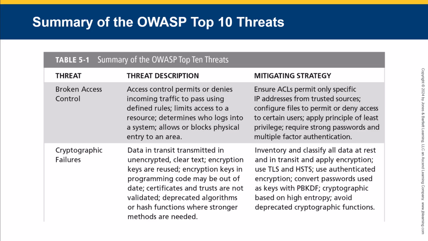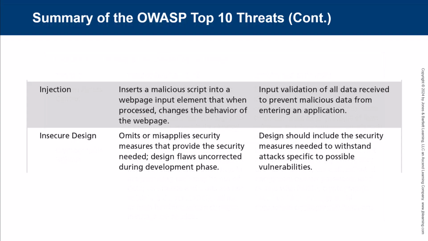For cryptography failure, data in transit is transmitted in unencrypted or clear text. Encryption keys are reused. Encryption keys are in programming code and may be out of date. How do we fix that? Injection. Insert a malicious script into a web page. See what happens. How would you fix that?